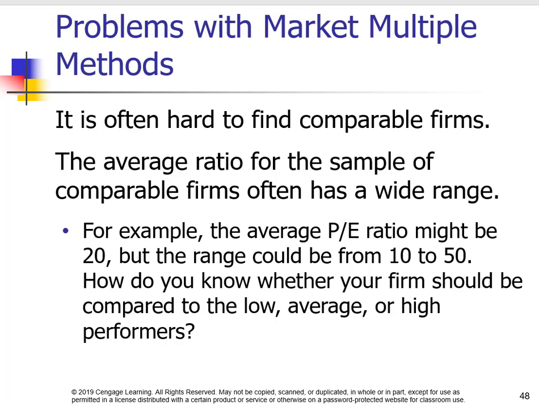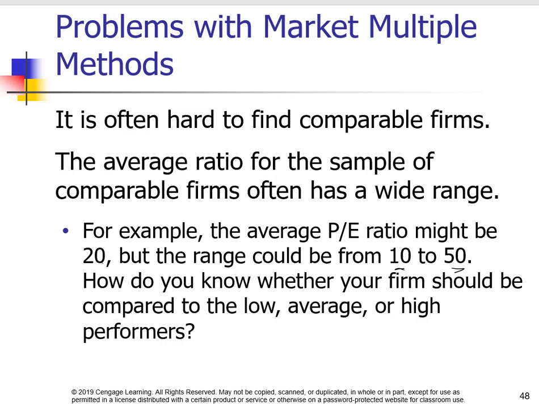So again, we might want to look at a range of possibilities, right? Maybe instead of saying the average is 20, it could be as low as 10, could be as high as 50, right? How do you know where your company will be? And you really don't know where it will be.